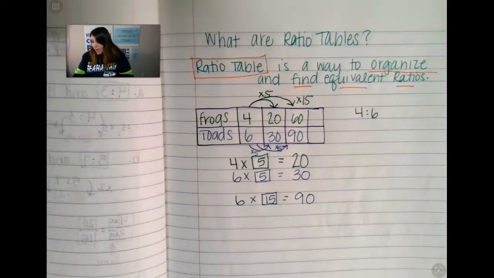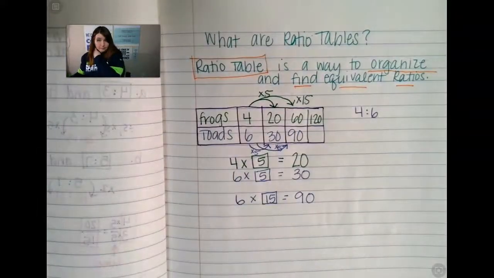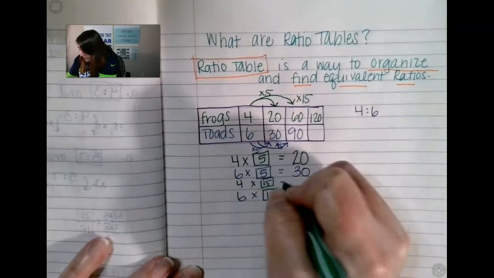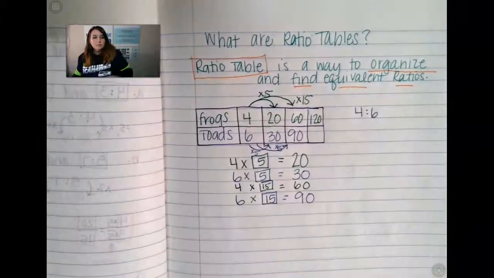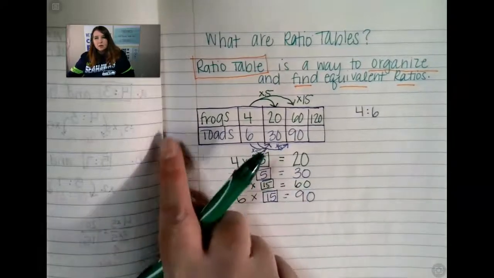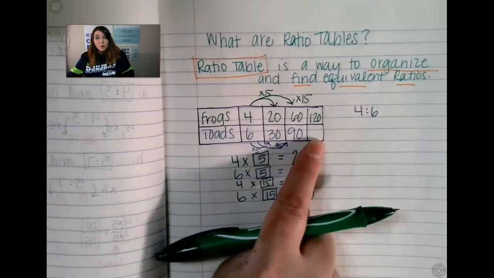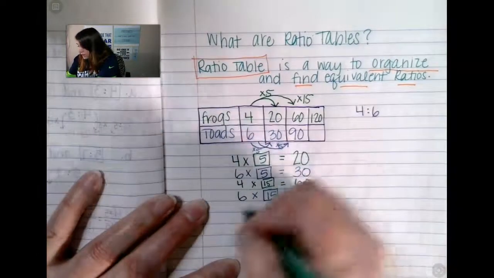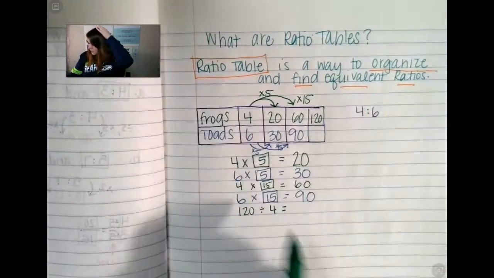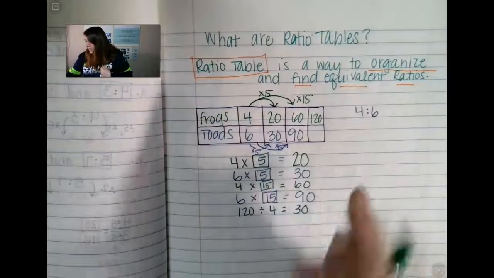Okay, now how do I get from 4 to 120? So this one I did 4 by 15, and that gave me 60 frogs. If I'm trying to figure out how to get from 4 frogs to 120, I can do 120 divided by 4, and that gives me 4 into 12 is 3, and 4 into nothing is nothing, 30.